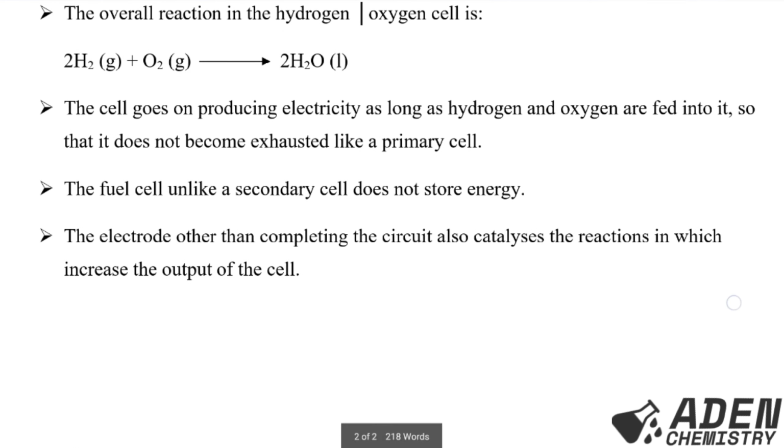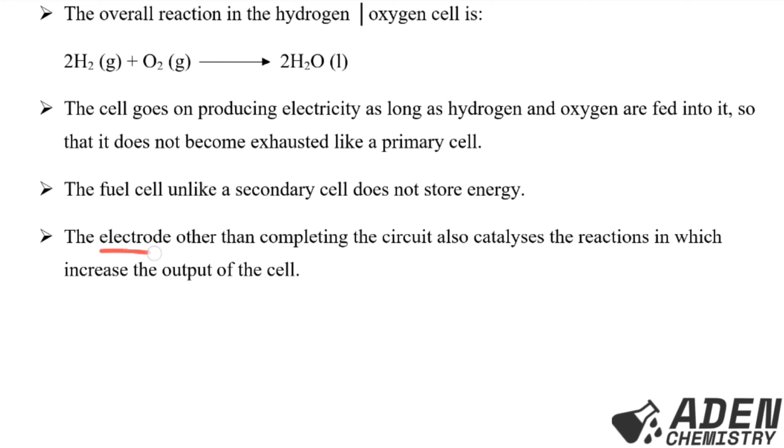The cell goes on producing electricity as long as hydrogen and oxygen are fed into it, so that it does not become exhausted like a primary cell. What does that mean? As long as we feed hydrogen and oxygen into that fuel cell, it keeps on producing energy. The fuel cell, unlike the secondary cell, does not store energy.